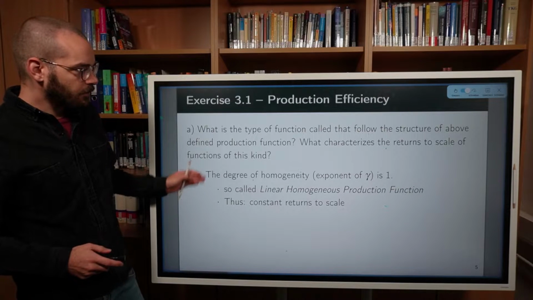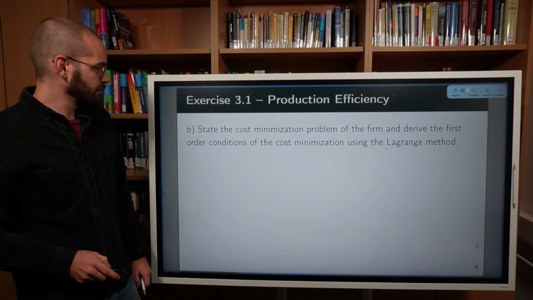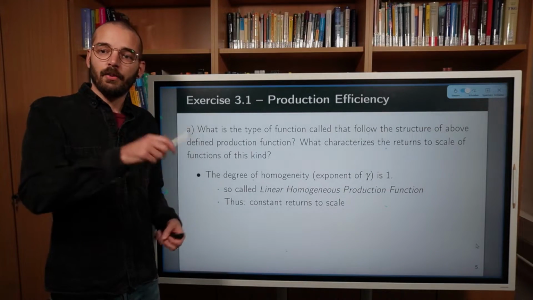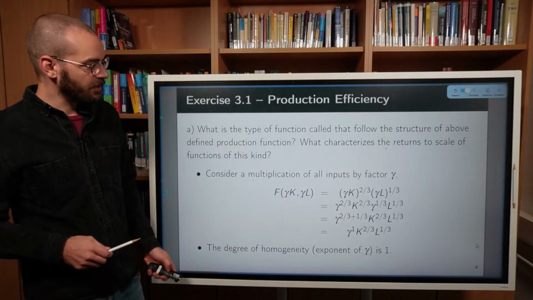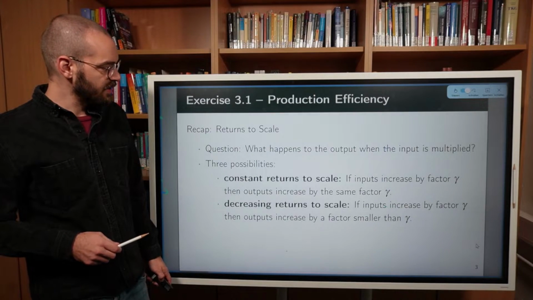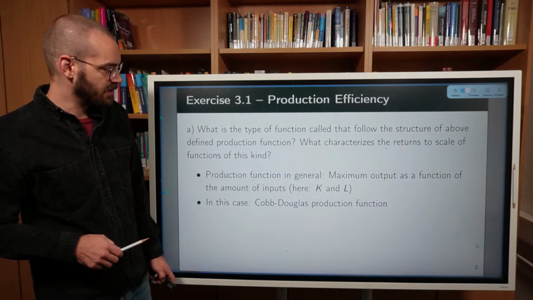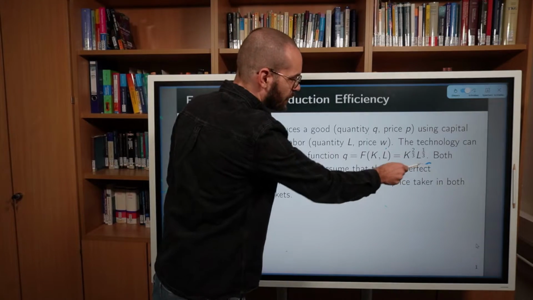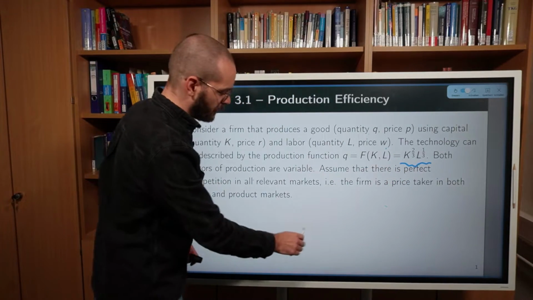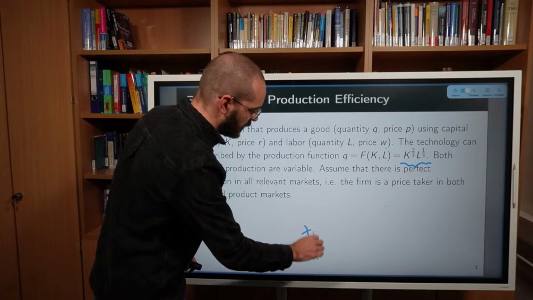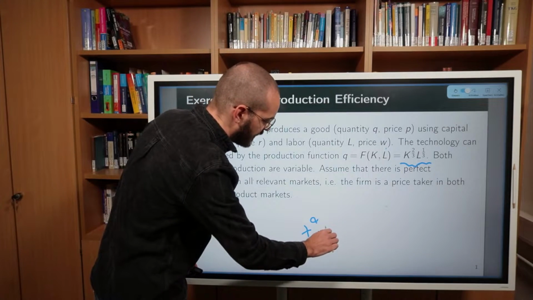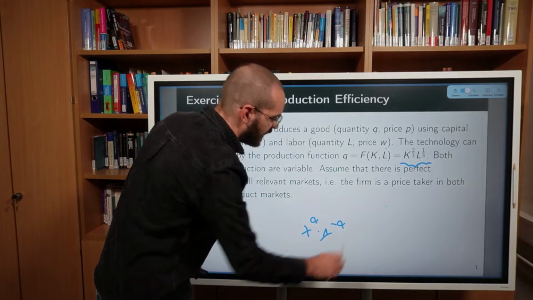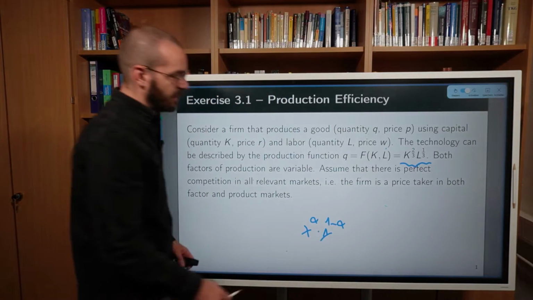Okay. And this, of course, cycling all the way back to the start of this exercise, just for a second, and as a quick add-on: given this type of production function where we have some factor to the power of alpha multiplied with some other factor to the power of 1 minus alpha, right?